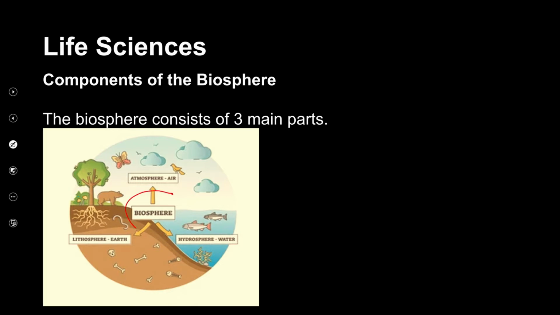So in terms of the living components, they interact with the atmosphere, which is predominantly the air that we have in our environment, as well as the earth, which is the lithosphere, and this refers to the soil, the rocks that we have life forms living on, supported by, as well as the aquatic parts or the water in our oceans, rivers, seas, and lakes. And so these three components collectively contribute to the existence of life on Earth.